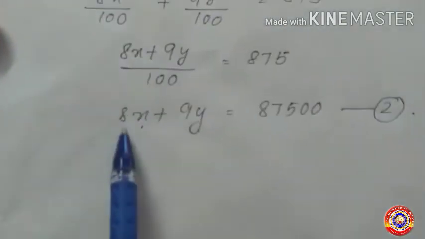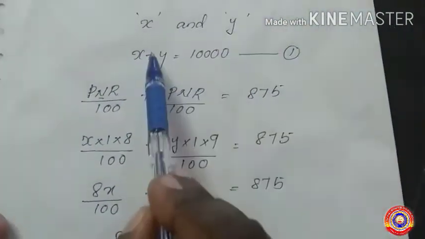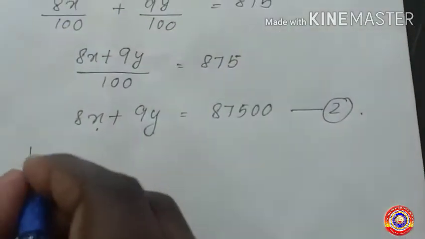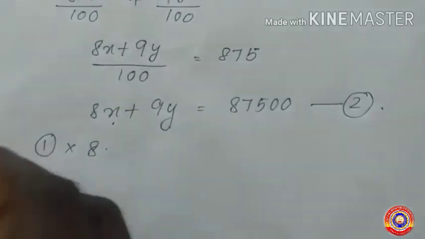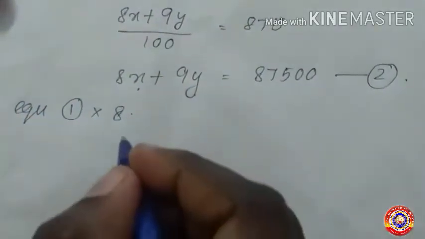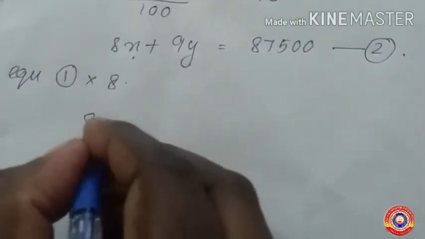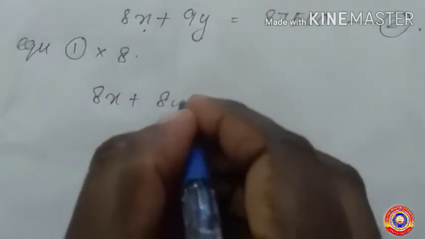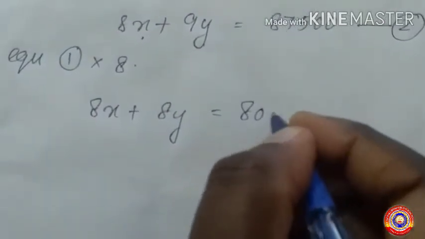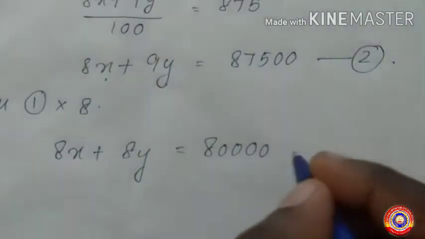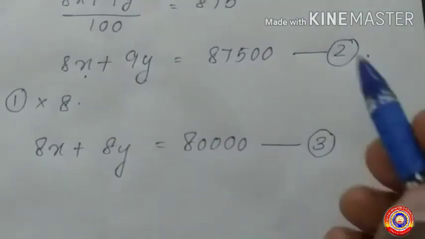In equation 1, that is x plus y, and in equation 2, that is 8x plus 9y. So first we have to make one of the variable terms in equation 1 the same as in equation 2. So I multiply equation 1 by 8. So it becomes 8x plus 8y equal to 80,000. Put this as equation 3.